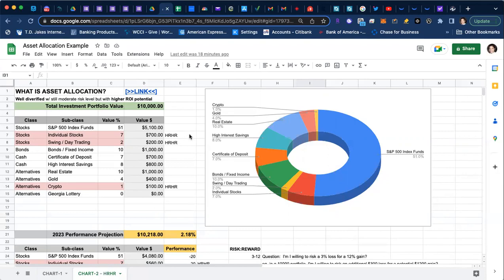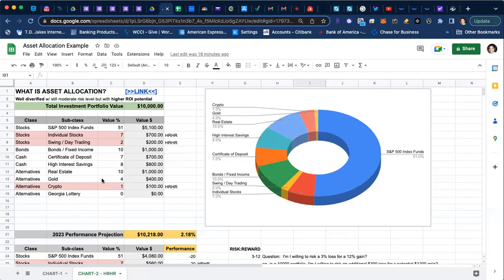So this is where I want to illustrate also the power of asset allocation. If we utilize proper asset allocation for high risk, high reward investments, we can greatly increase the potential for the overall performance of the portfolio. So this example illustrates this.